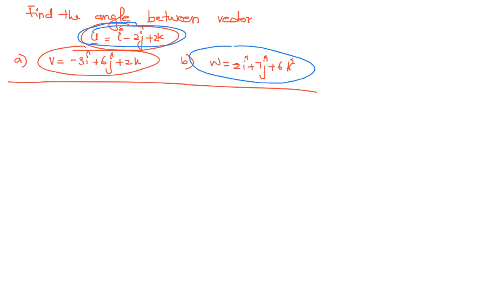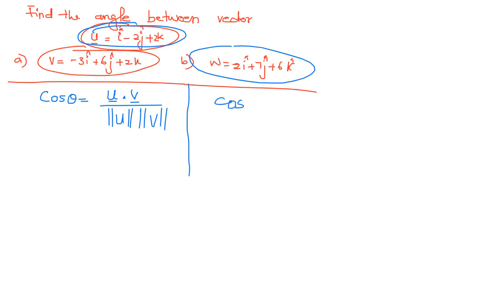So which formula do we have to use now? I told you that we use cosine of theta is equal to u vector dot v vector divided by mod of the u vector and mod of the v vector. In this case, you have w, so you will use cosine of theta equals u vector dot w vector divided by mod of the u vector and mod of the w vector.